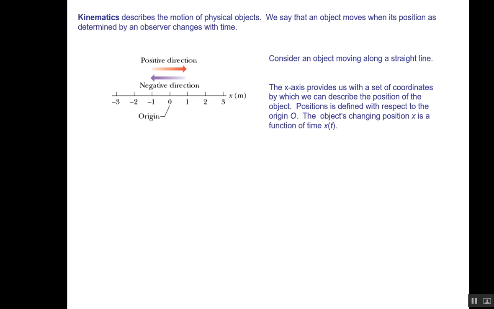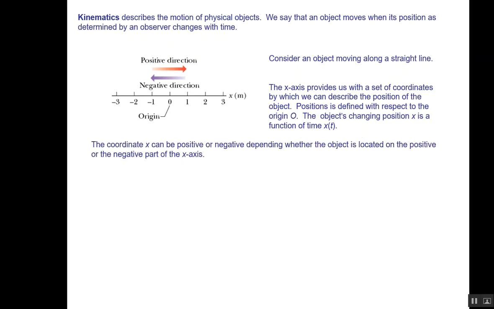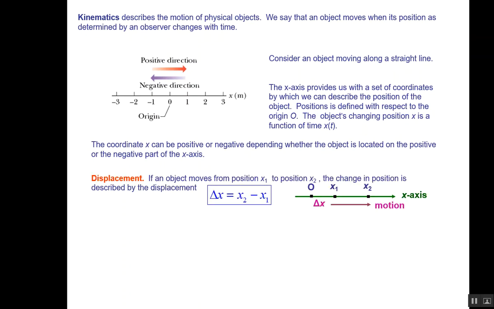Wherever you are on that number line describes your position. Your x-coordinate can be positive or negative depending on where you're located on the x-axis. Displacement is the change in position between 2 different points or 2 different times.